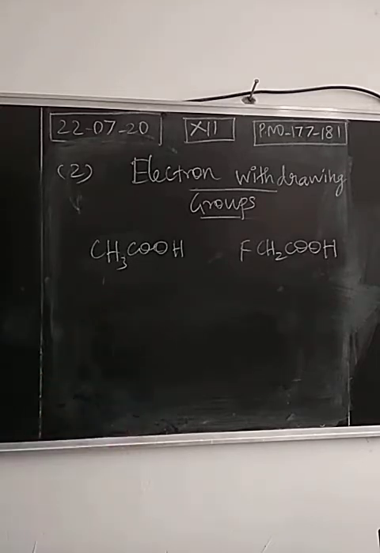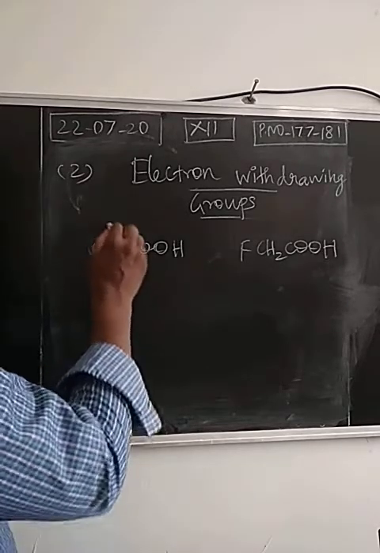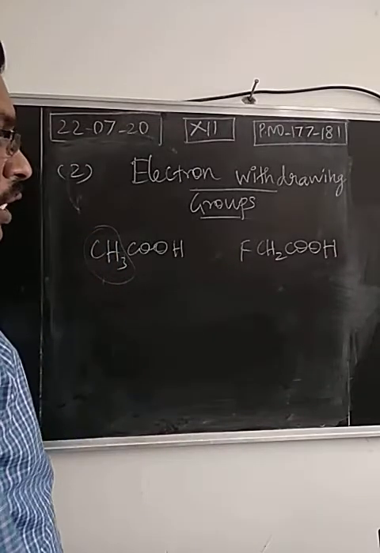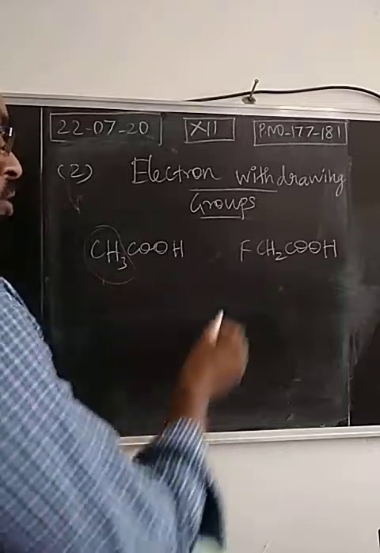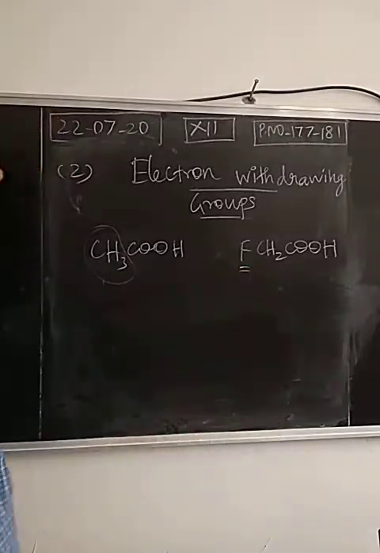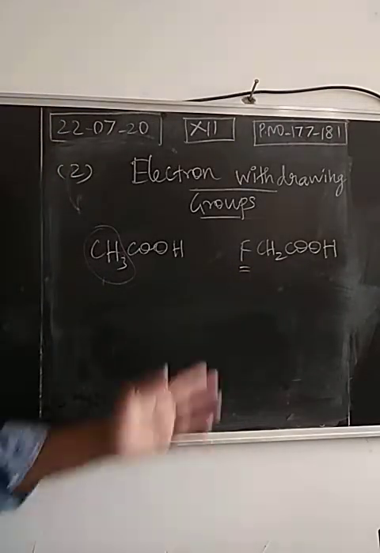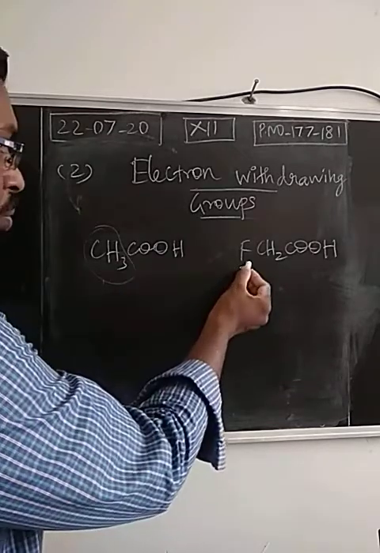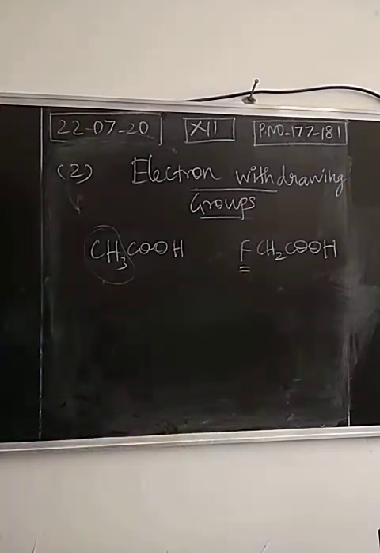Acetic acid has the electron releasing group. Fluorine, having more electronegativity, is called an electron withdrawing atom, right? If NO2 is present, we call it an electron withdrawing group. So from acetic acid, one hydrogen is replaced by the more electronegative atom fluorine. So we have obtained monofluoroacetic acid.